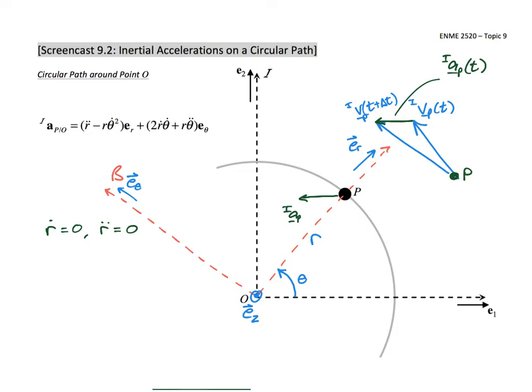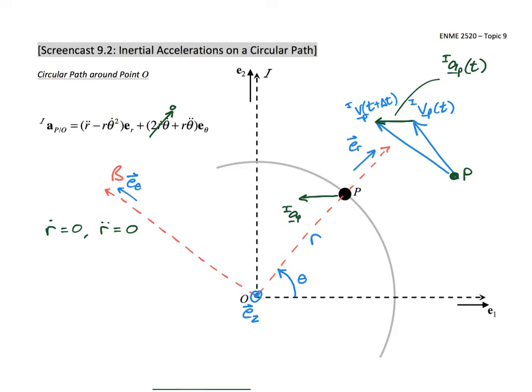We've just said that r dot is equal to 0. So up here in this term we can just ignore it, and that means that we're only left with an r theta double dot in the E theta direction.